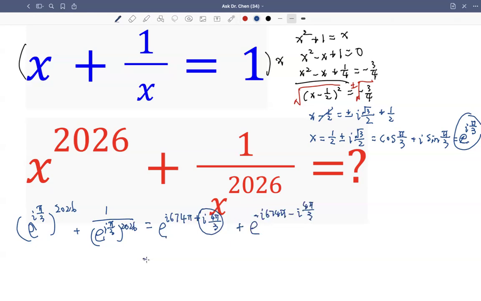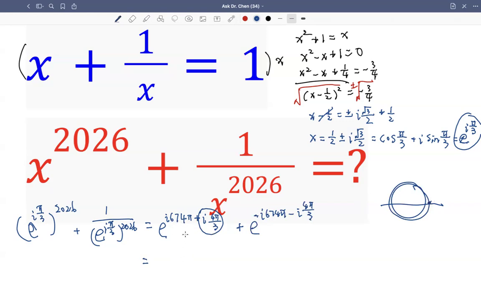Okay, now, e to the i 674 pi is just e to the i 0 pi. Right? Remember, we have a circle. We're starting from 0 angle. We're running 1 revolution, that's 2 pi. Then 4 pi, 6 pi, 8 pi, so on and so forth. 674 pi, back to 0.